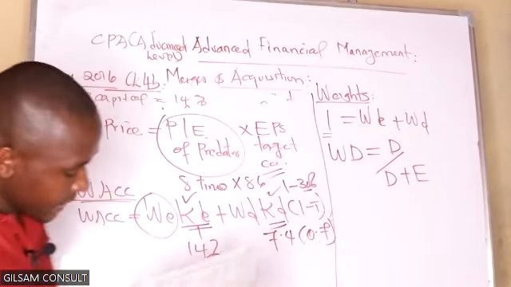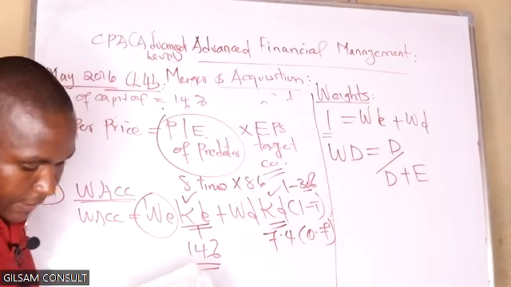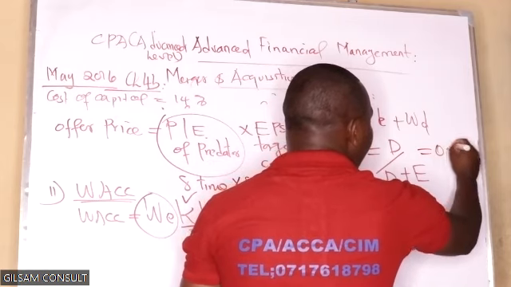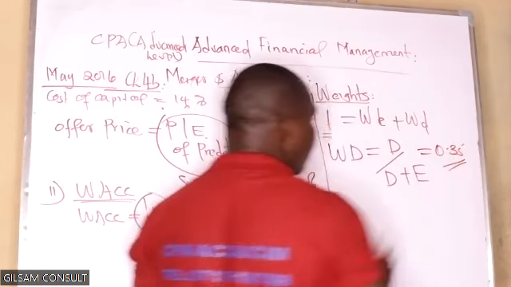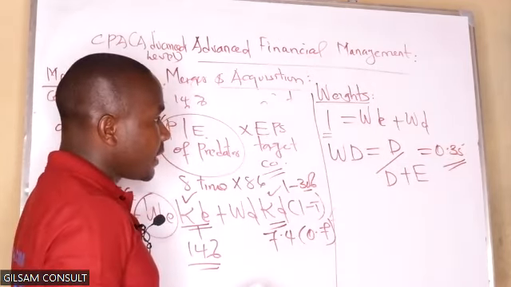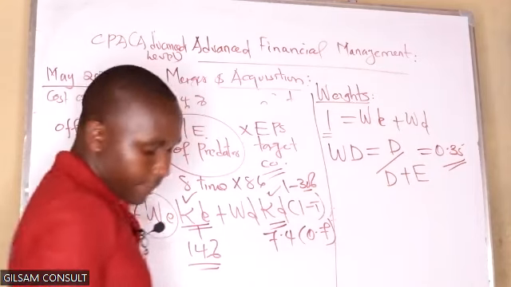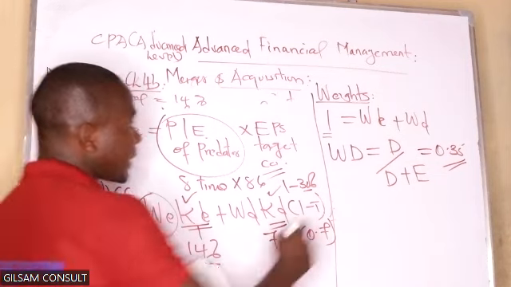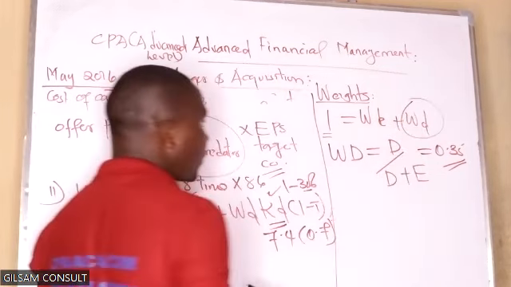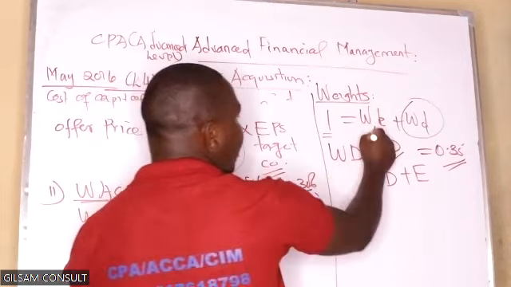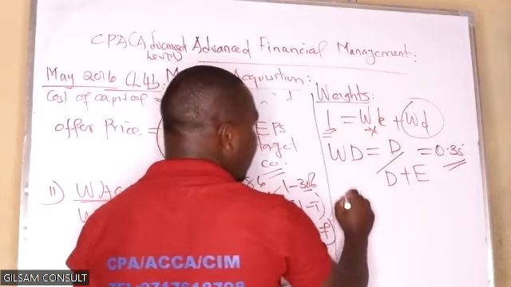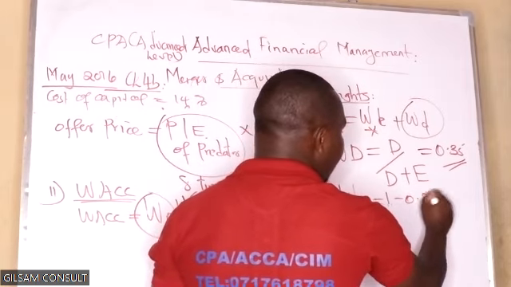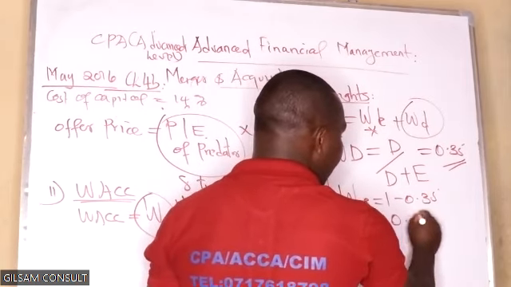They have given us the proportion, which is 0.35. For equity, we just subtract from 1: 1 minus 0.35, which gives us 0.65.